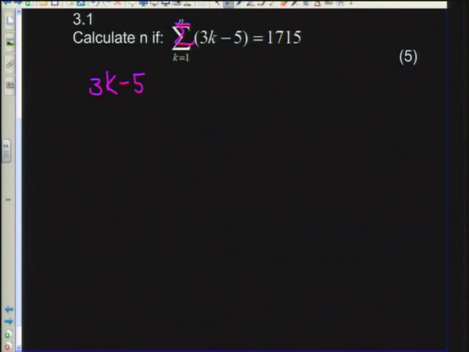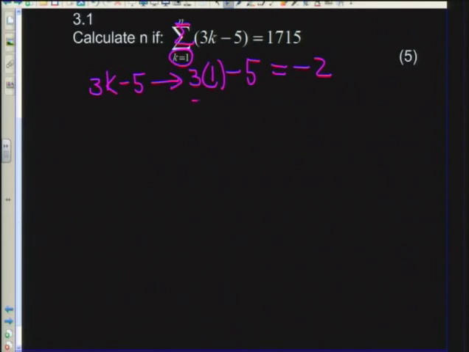And into 3k minus 5, I'm going to start by substituting in 1, because that's what I'm told to do. So I'm going to say 3 times 1 minus 5, and that gives me an answer of negative 2.